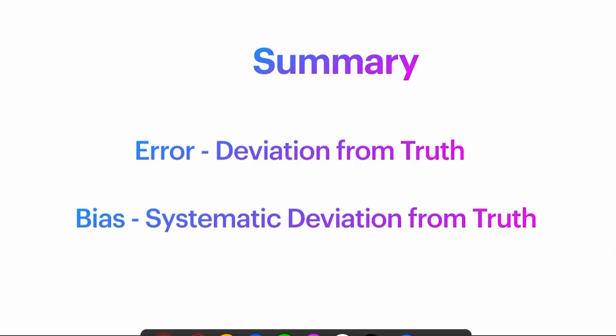In reality, for any research, multiple errors and biases can occur which affect the study results in different directions. That is, one bias may overestimate the results while another bias may underestimate the results. To summarize, error is any deviation of study result from the truth. Bias is systematic deviation of results from the truth. Random error can be minimized by increasing the sample size, and it is less dangerous when compared to bias, which can be minimized only by improving the methodology of the study.